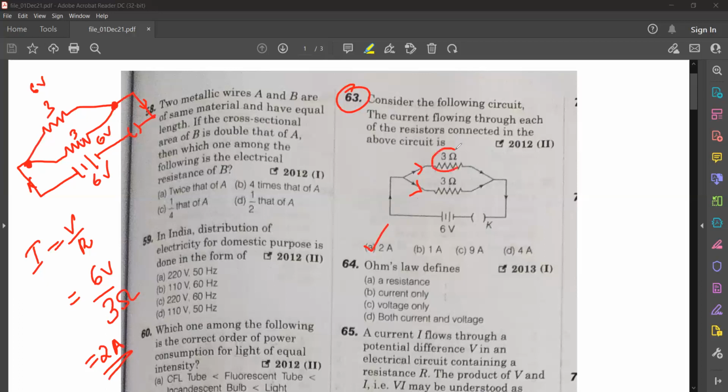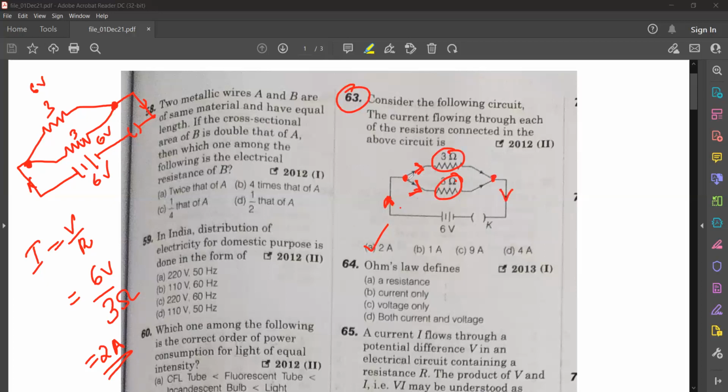So 3 ohm resistor here, 3 ohm resistor here. Actually, what happens is the current divides like this. After reaching this junction, the current divides and flows in parallel, then both currents reunite here and flow like this.